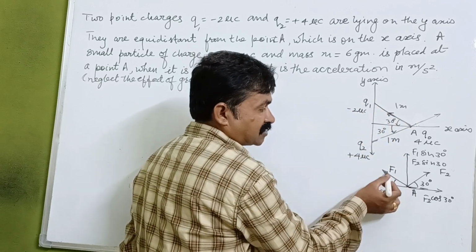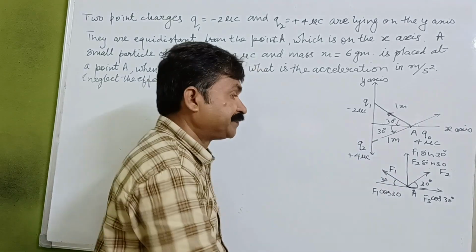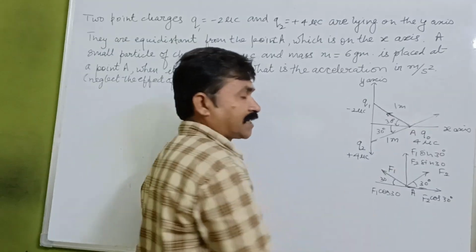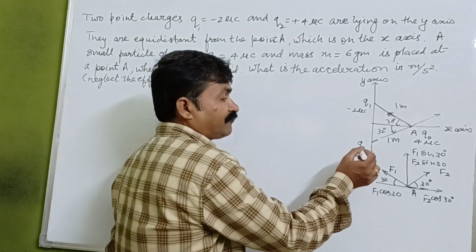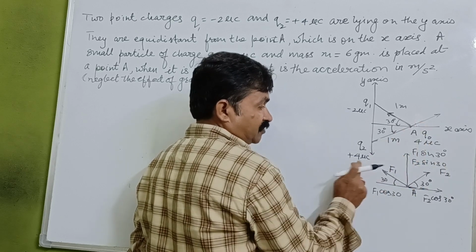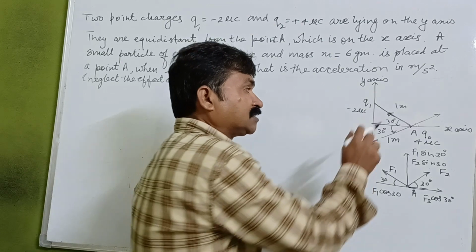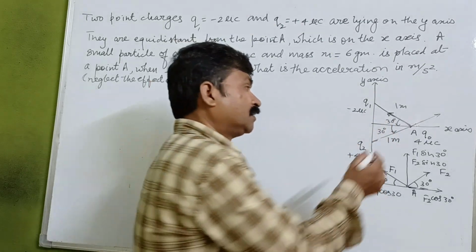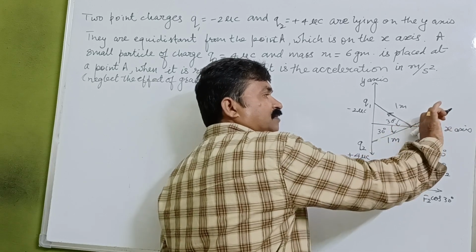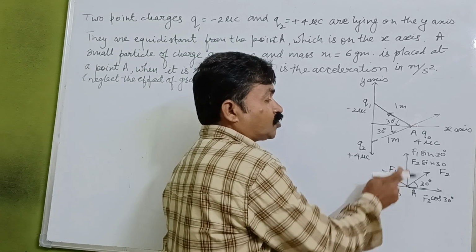So we have taken this F1, acting in this direction, making an angle of 30 degree with the x-axis. Similarly, the force F2 we have taken in this direction. Why is it in this direction? Because it is a force of repulsion. A positive charge and another positive charge will have a force of repulsion acting in this direction. Okay, so we have got these two forces.